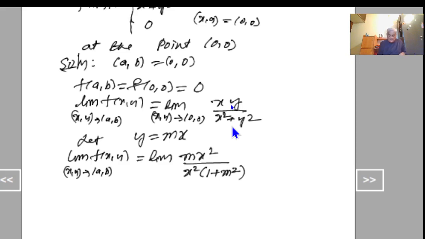Here we have converted everything in terms of x, so we can write x tends to 0.